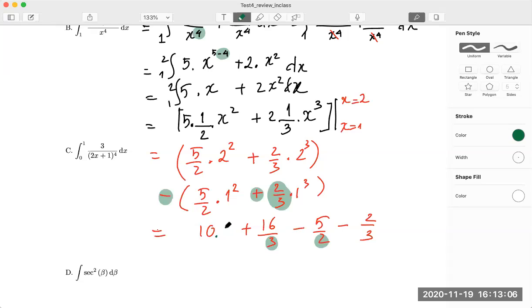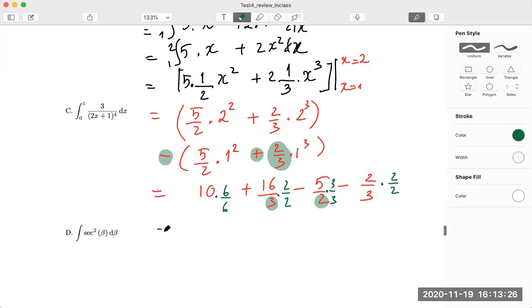So you would multiply 5 over 2 by 3 over 3. Very good. Here, multiplying by 3 and dividing by 3 does not change anything, right? And here, if you multiply by 2 and divide by 2, it will be the same. Now they all have the same denominator. 6 times 10 gives us 60 over 6.